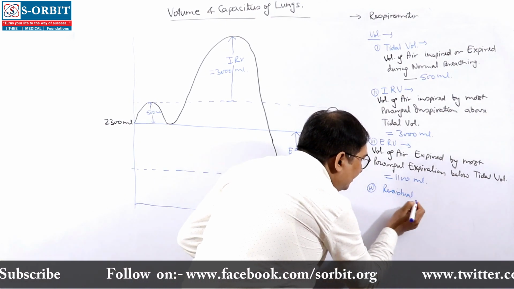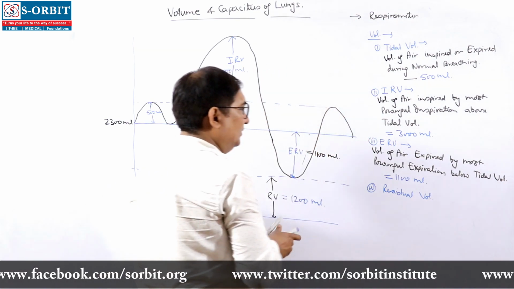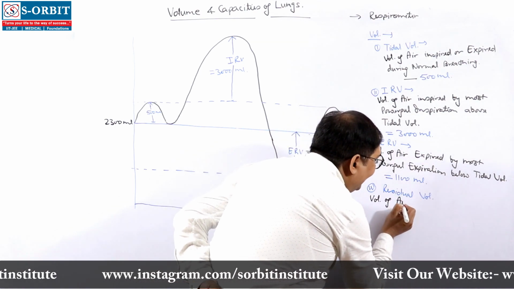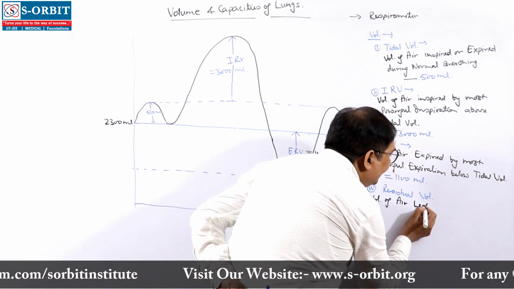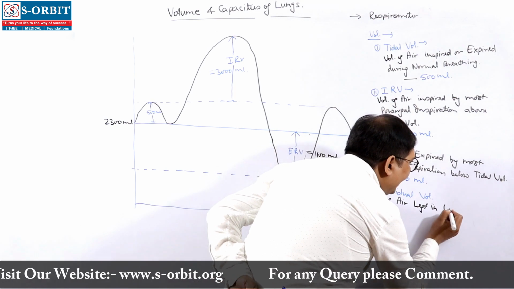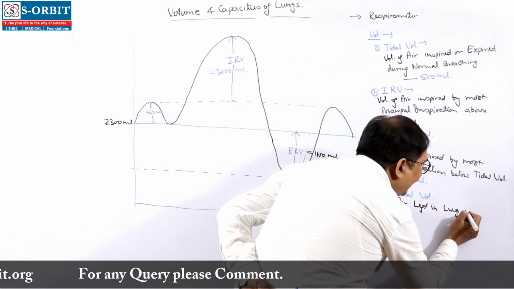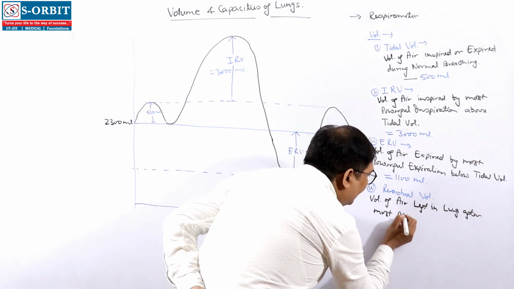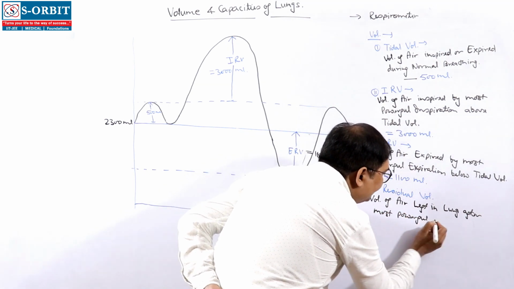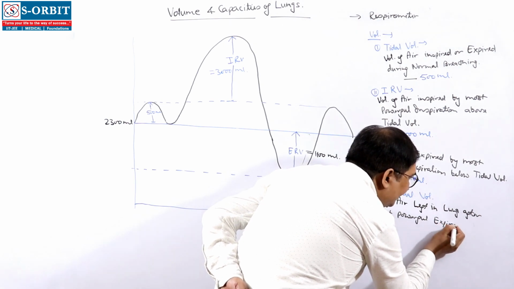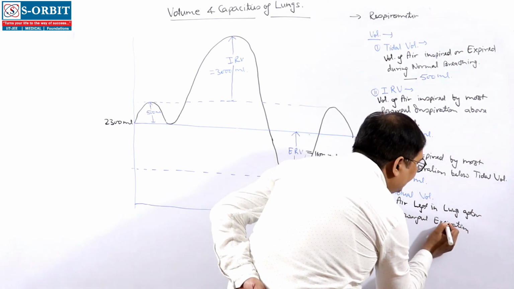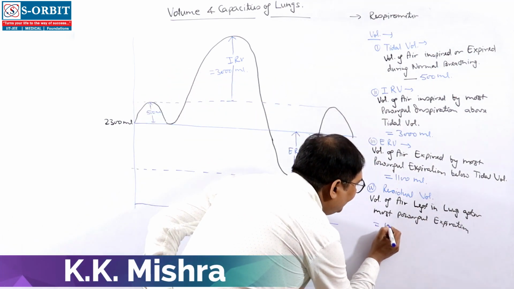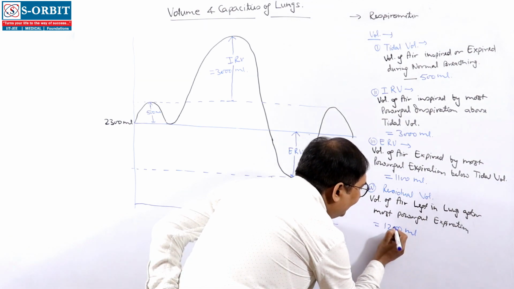So next is residual volume. Residual volume is the volume of air left in lungs after most powerful expiration, and on an average it is about 1200 ml.